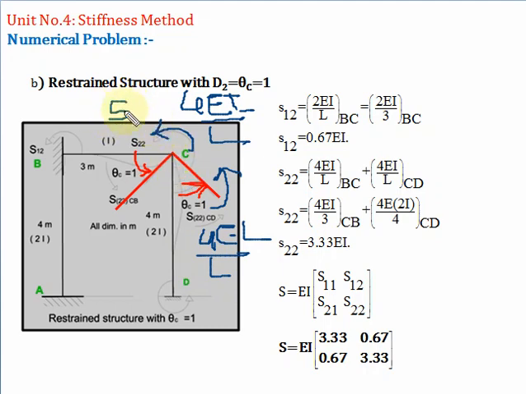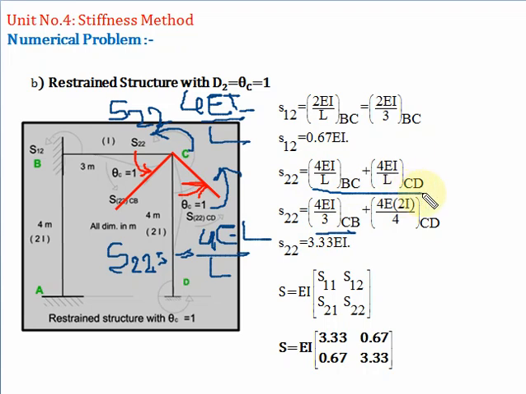What is the unknown number? 2, where the unit rotation is applied at 2, that is support C. Theta C is our second unknown. So this will also be S22. So S22 will be the addition of these two: 4 EI upon L for member CB and 4 EI upon L for member CD.